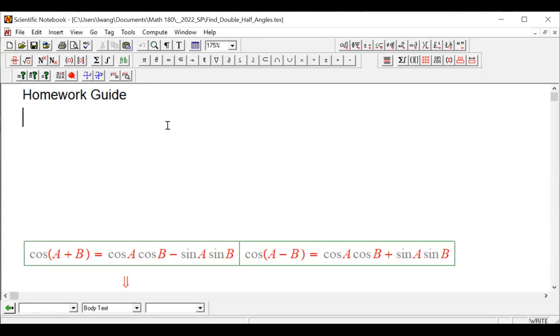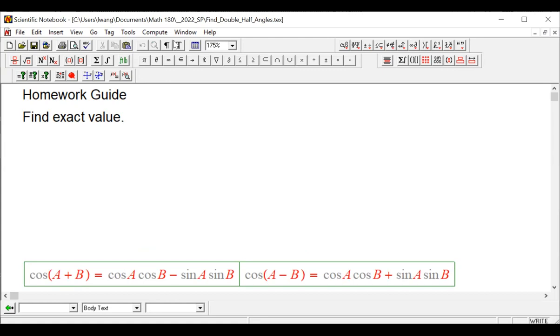Okay, so to find the exact value, the first one we have here is sine of arc cosine of 3/5.